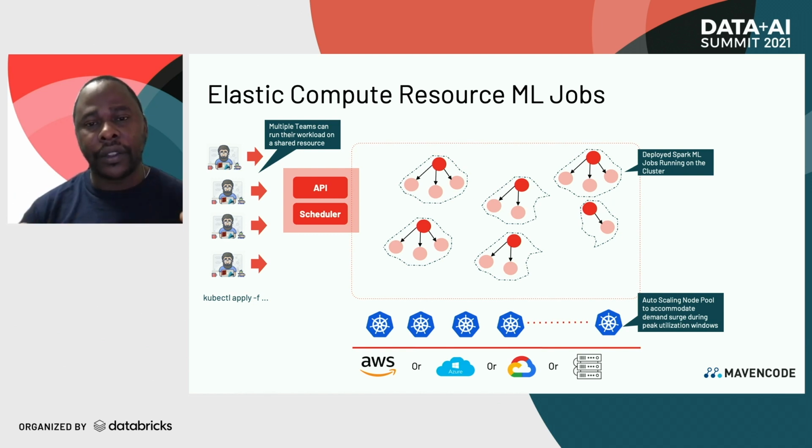But the fact is, you have a shared resource where everyone can come in and deploy their job, and you can monitor the life cycle of the jobs as things are going. So it doesn't matter what you're doing. We have a common base, and everybody's doing things the same way across the enterprise.